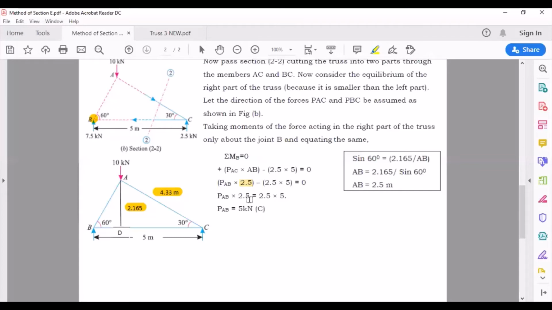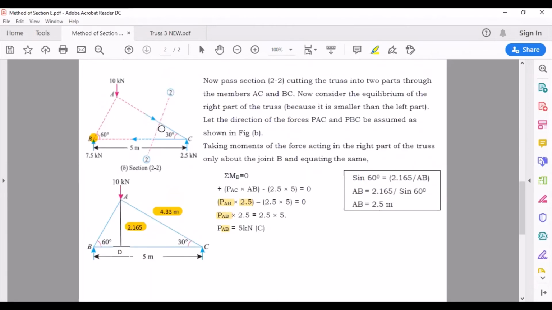Next, I'll rearrange the terms here and calculate the member force, that is PAC. So this has to be PAC, not PAB, just a small correction. PAC is 5 kilonewton, and you can see that since it is moving towards the joint, it is a compressive force.